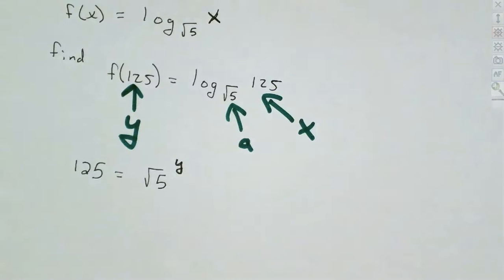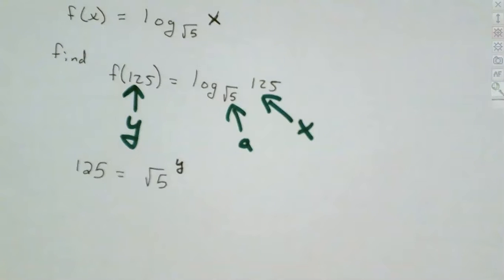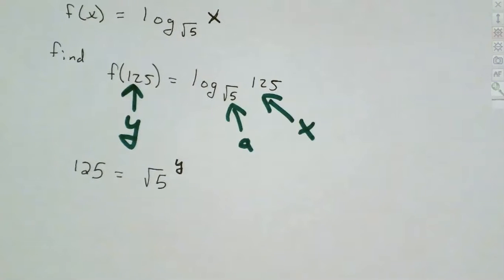Okay, how do we work this one out? Well, what is our end result? Our end result is we have to get this into a common base. Now we have two ways of working with this. We can either convert that 125 to a square root of 5 base, or we can work with the square root of 5.